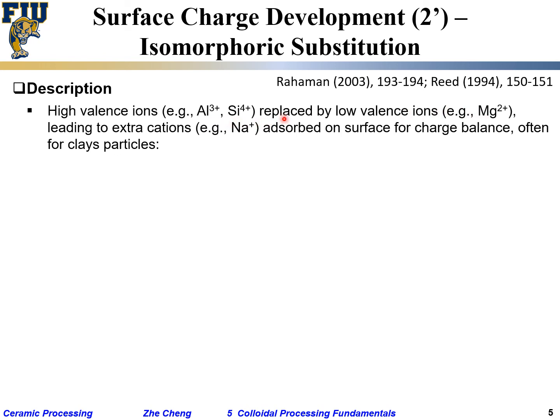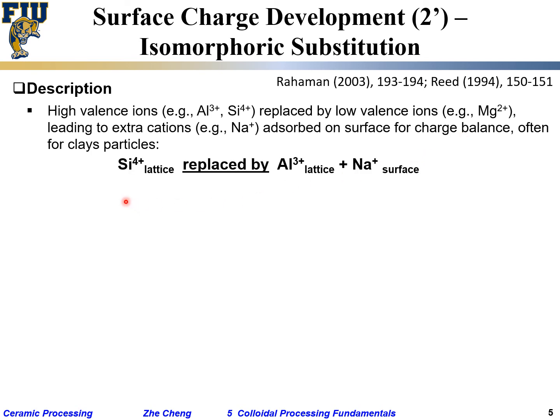High valence cation replaced by low valence cation would quite often lead to extra cation adsorbed on the surface to achieve so-called charge balance, especially for so-called clay particles.